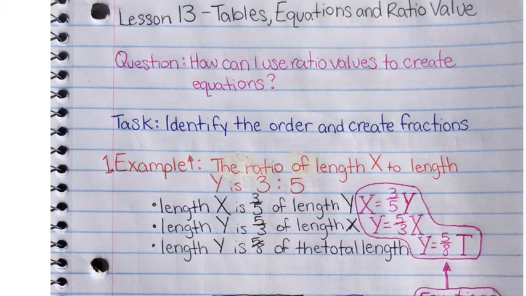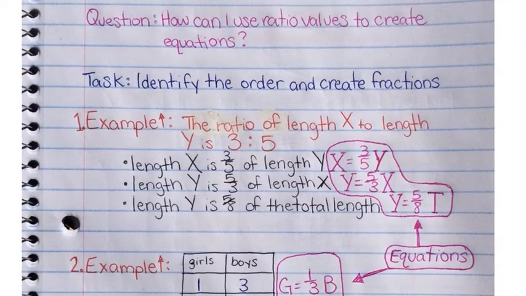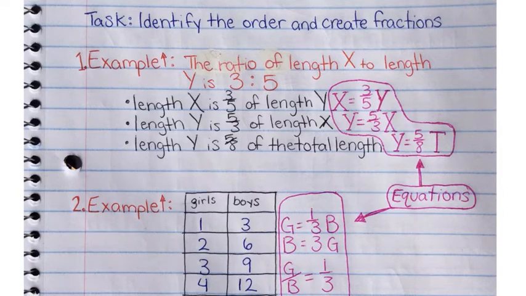So let's come down here to our first example. Example number 1. The ratio of length x to the length y is 3 to 5. So we are looking at two lengths. Those lengths are length x and length y.